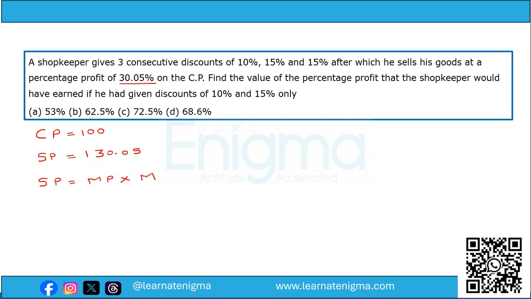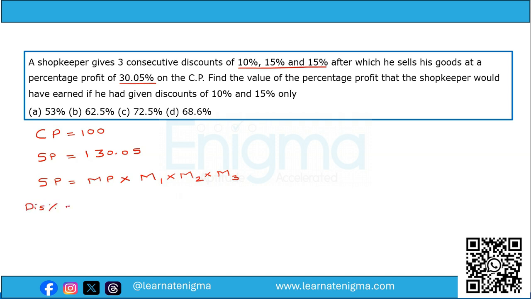Now, the number of multipliers depends on the number of discounts. Over here, you have three discounts, so we can use three multipliers M1, M2, and M3. Now, these are discounts, so conceptually, they are similar to percentage reduction.